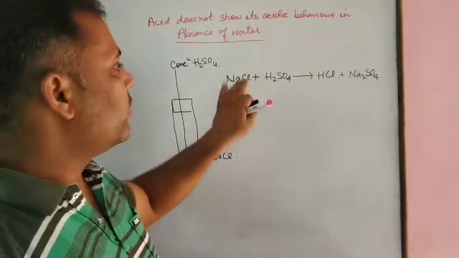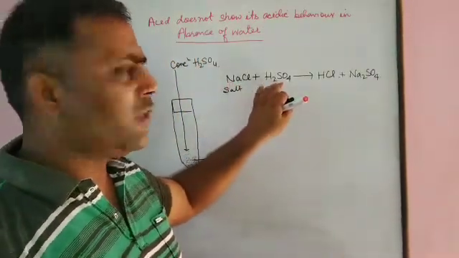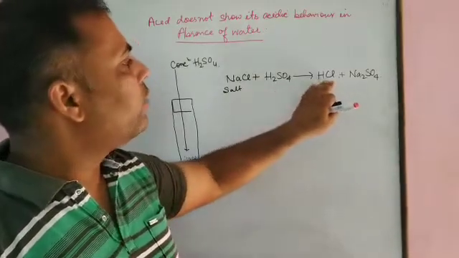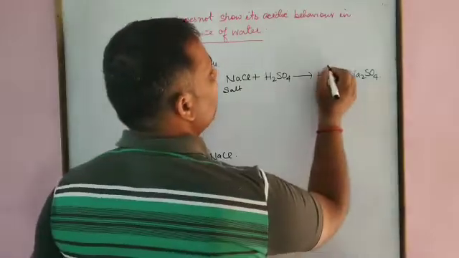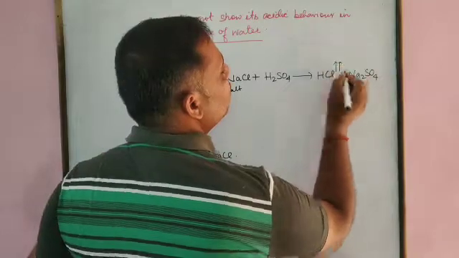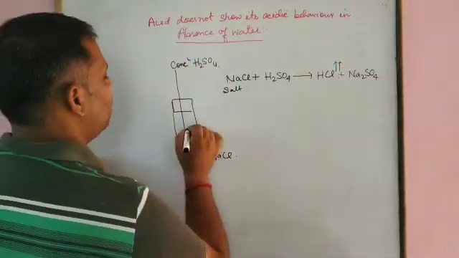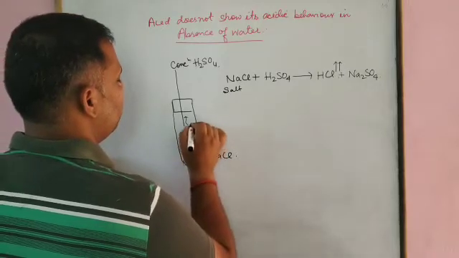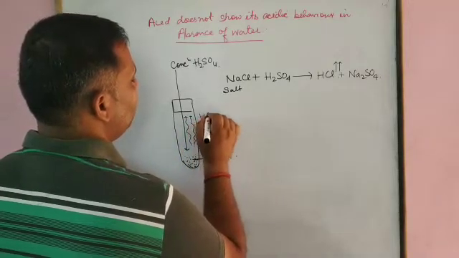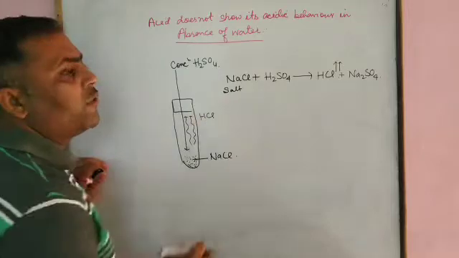What we see here is that when sodium chloride reacts with concentrated sulfuric acid, it produces HCl gas. When HCl gas is formed here, it will evolve and come out of the test tube.